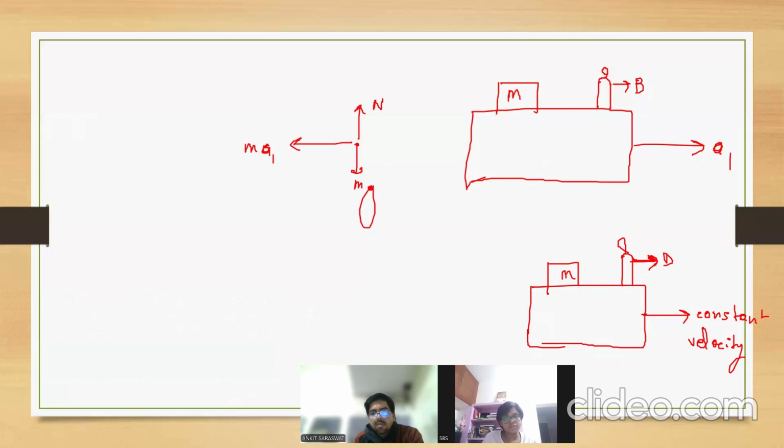Very good, because it is moving with constant velocity. Very nice. I'm really impressed today with your understanding because it is moving with constant velocity. There is no acceleration, no pseudo force. So if you draw the free body diagram, it will be mg and one is normal.